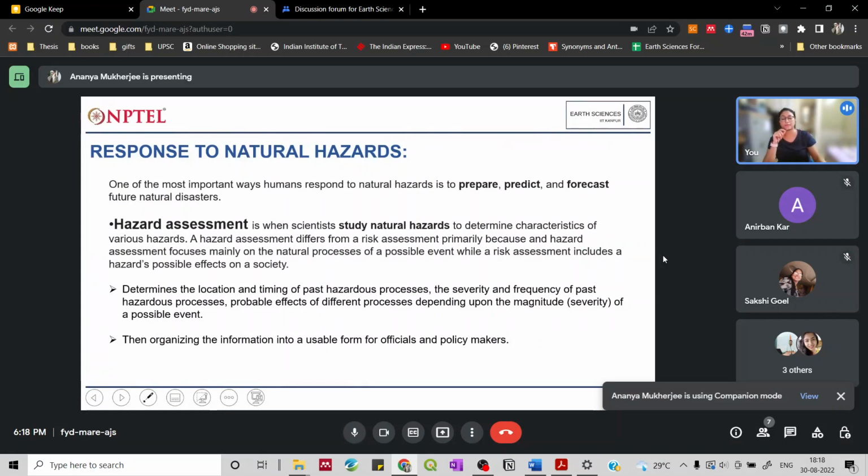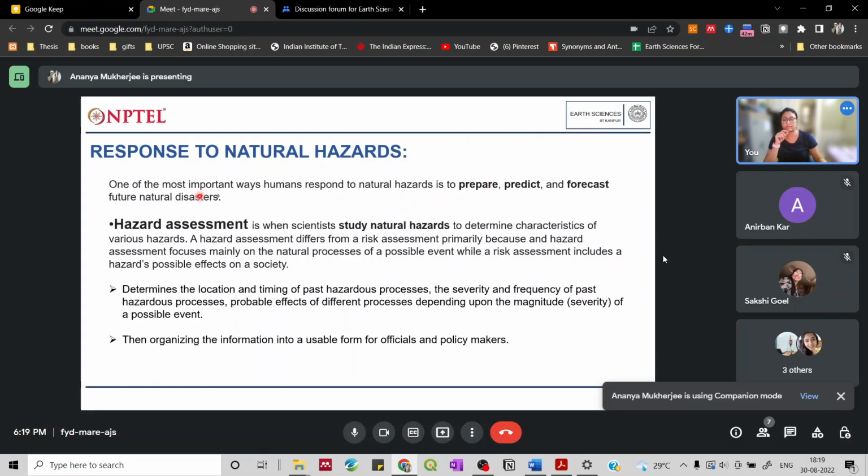Okay, and that will only happen if we are well prepared and planned for the effects that can happen before they happen, and usually in areas which are very much prone to such natural hazards. So how do we prepare for it?